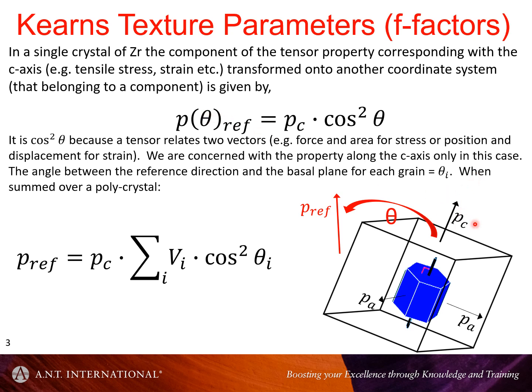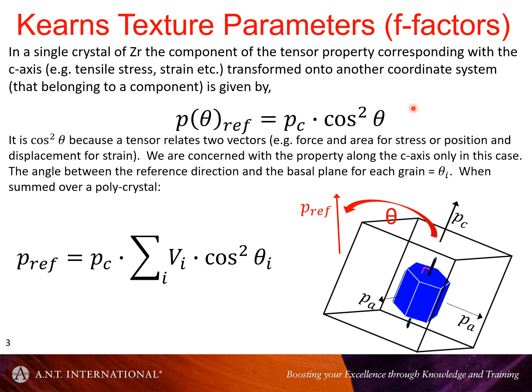When we resolve that strain onto another direction, we do so by using the direction cosines, and in this case it's a simple expression because it's cosine of theta again. It's cos squared of theta times whatever the single crystal value is. Now, it's cos squared theta.